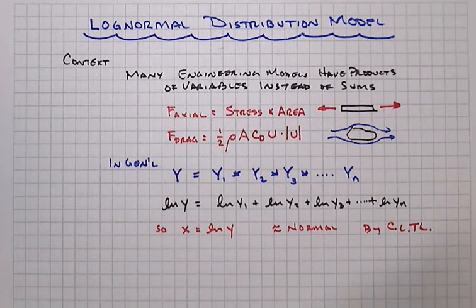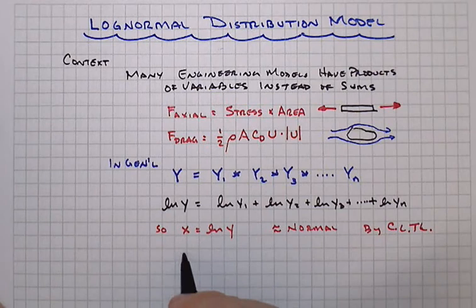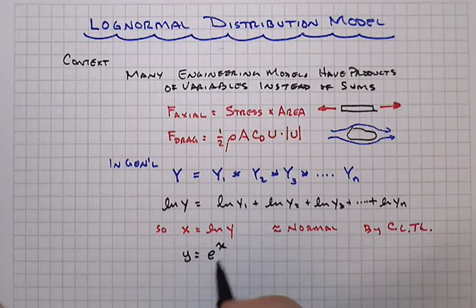And note that when we rework this in terms of y equals e to the x, which is another direct case of how we get to the log normal, oftentimes you see it directly posed in this kind of context.